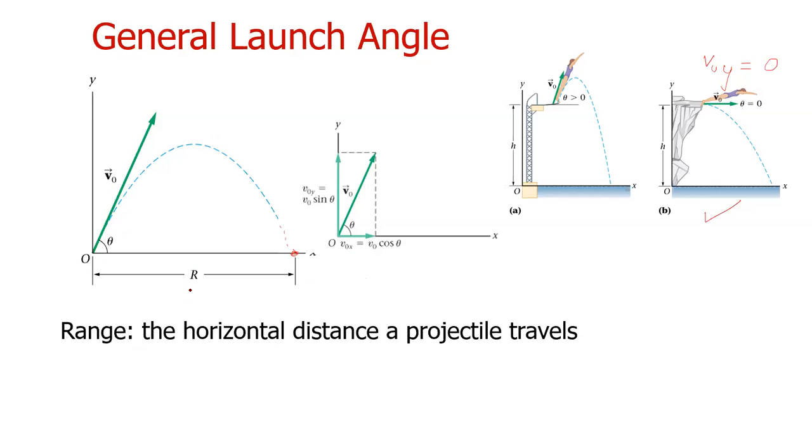Sometimes books use this R, and R is actually the x direction displacement, or x minus x naught. If you say this is hitting at x, you are starting at x naught. This is the x direction displacement. You call it the range. Range means horizontal distance.